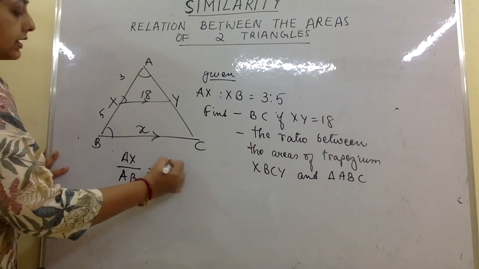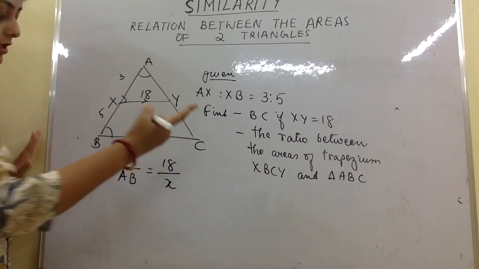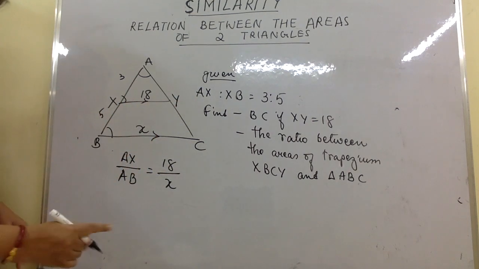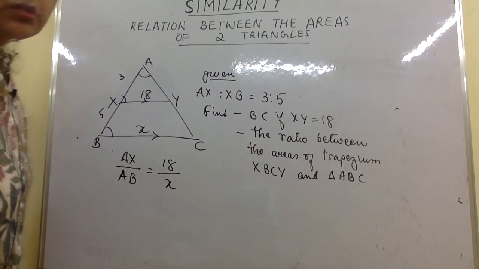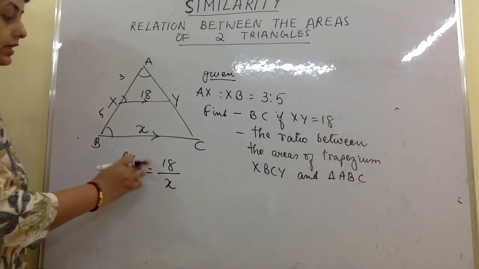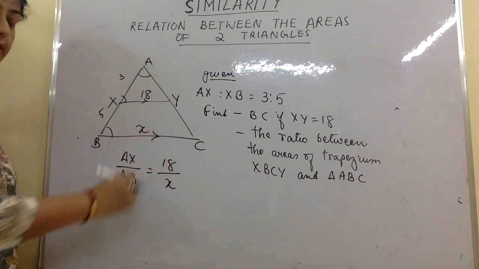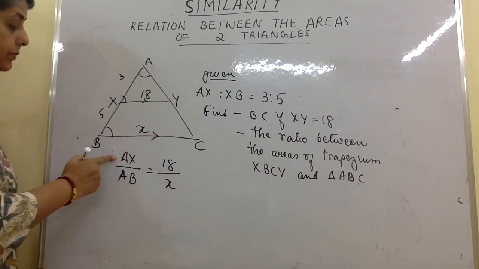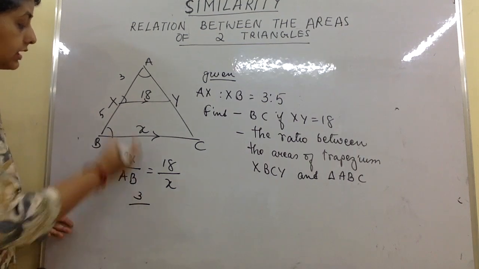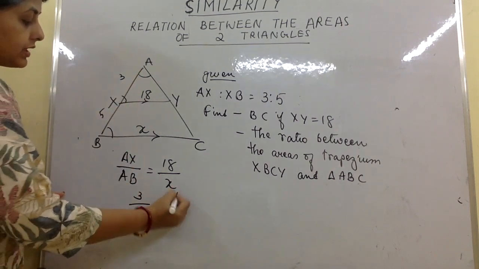So, here X, here 18, because XY is corresponding to BC. Okay, now we are going to fill up how much is AX. This is 3 and AB in that case will be 8.